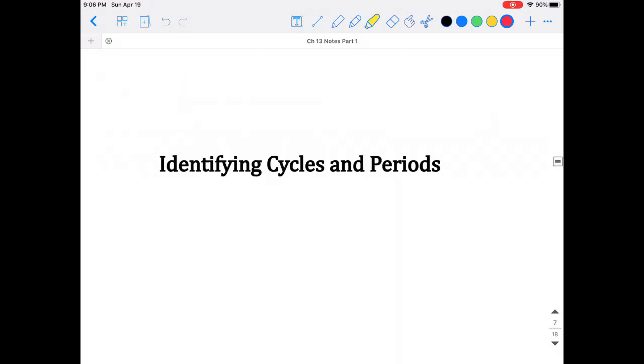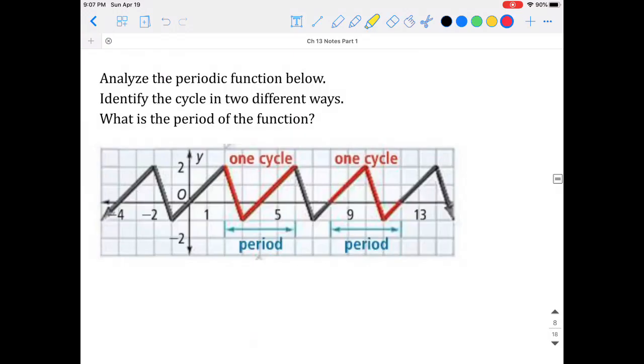Let's start by identifying cycles and periods. First example: analyze the periodic function below, identify the cycle in two different ways, and find the period of the function. The easiest way to identify a cycle of a periodic function is always to look at the maximum values.